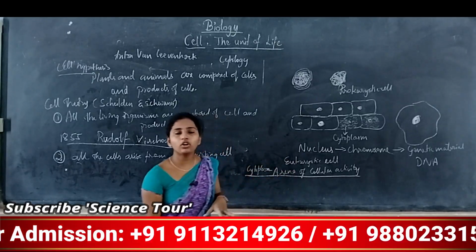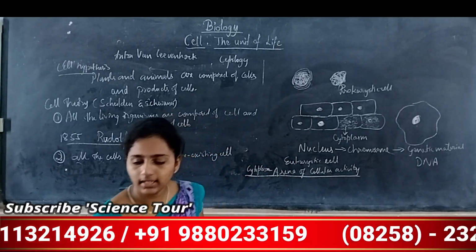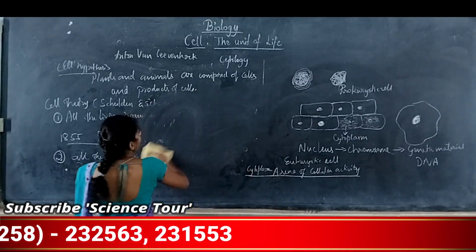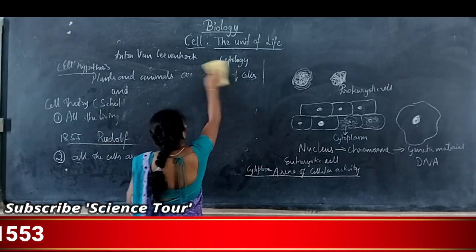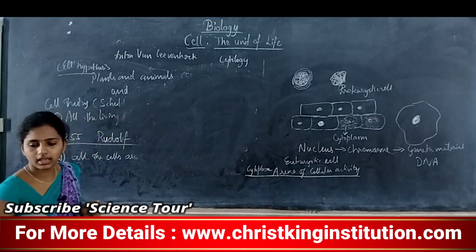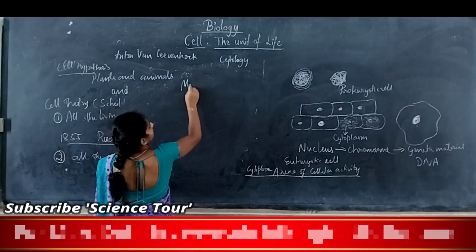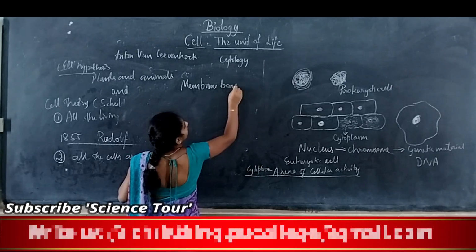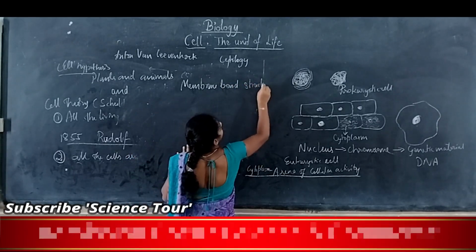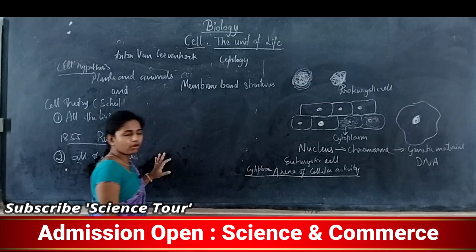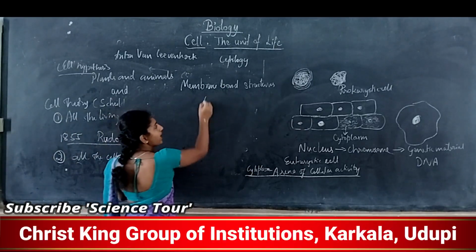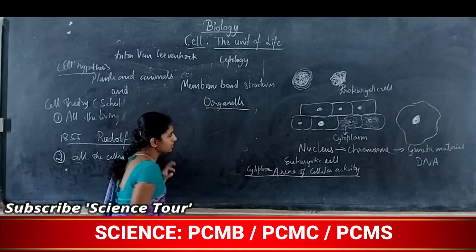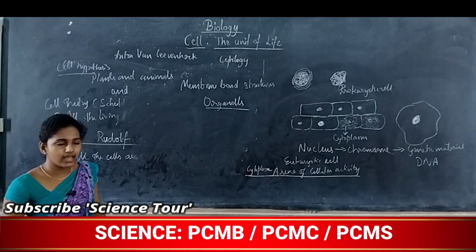Along with that, in higher cells, in eukaryotic cells, you can see membrane bound organelles. Okay, membrane bound structures inside the cell. These membrane bound structures inside the cells are called organelles.